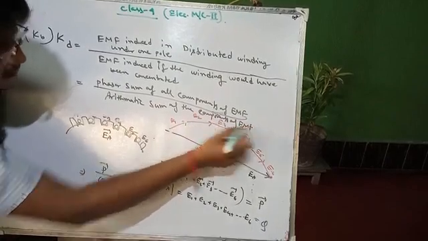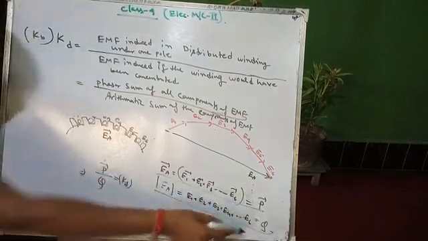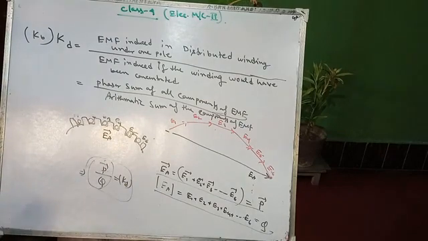This is the arithmetic sum and this is the phasor sum. Just dividing, we get this KD. So here we have to find the expression first.